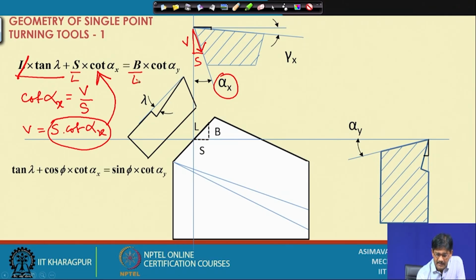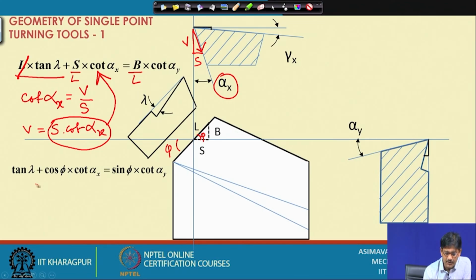Once again, this is nothing but phi, as this angle is phi, it is vertically opposite. So, S by L is nothing but cos phi, and therefore, we have this relationship: tan lambda plus cos phi cot alpha x must be equal to sin phi cot alpha y.